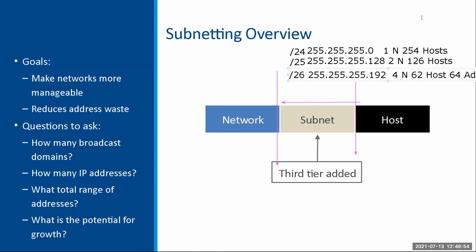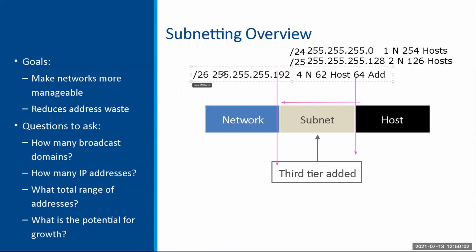Now, what I had hoped to do with this is to give you just a taste of the complexity of subnetting, but it also should give you one other thing. I have a network, and I have no more than 50 devices in the network. I know that, and it's fixed at that level, and it's not going to change. If I use the older way of network addressing, I would have to take 256 addresses and assign them to that network, whether or not I was going to use them.